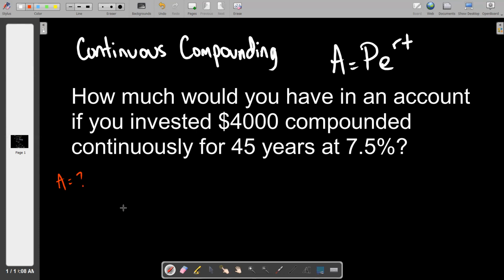So A is a question mark, meaning that when I fill in my formula, I'll just replace it with A. What is P? What is R? You should always write down R as your decimal point. 0.075, right? Just get used to always saying that as a decimal. And what is T?